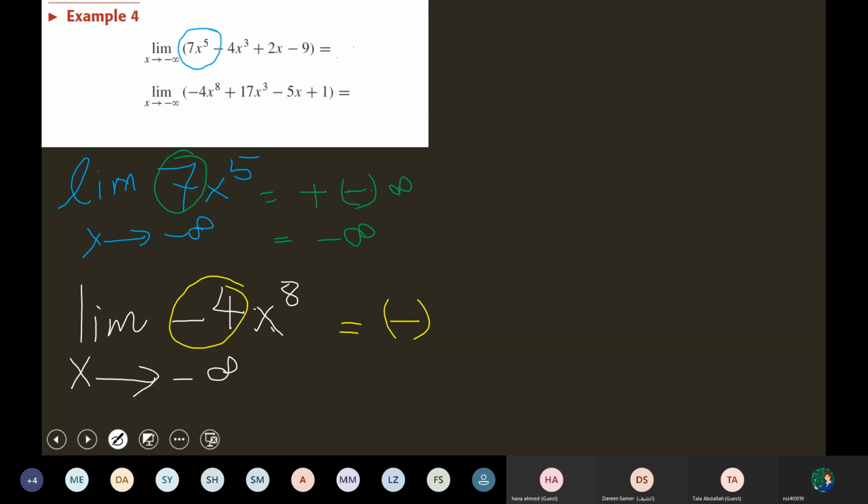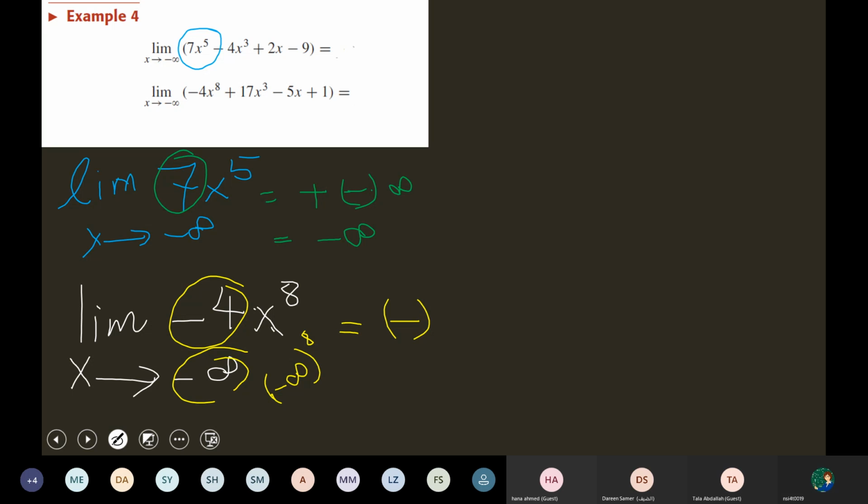Again, here now, you say it. I have negative 4, so I choose the negative sign. Then I have negative infinity raised to the power 8. Is it negative or positive?